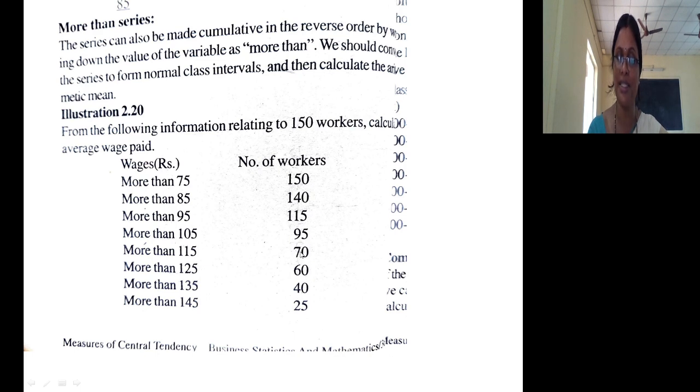The frequency of the next class interval is 70 minus 60, 10. As the given frequencies are cumulative from the bottom, not from the top, you should start identifying the frequency of each class interval from the bottom, in reverse order, not in direct order.